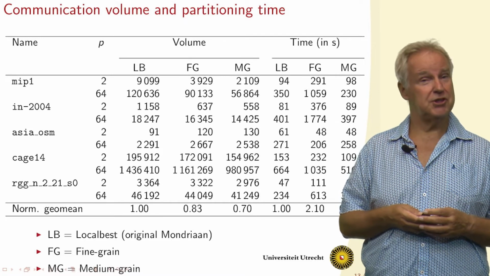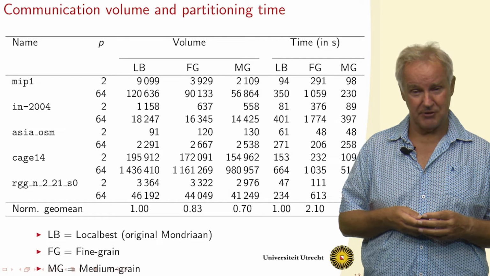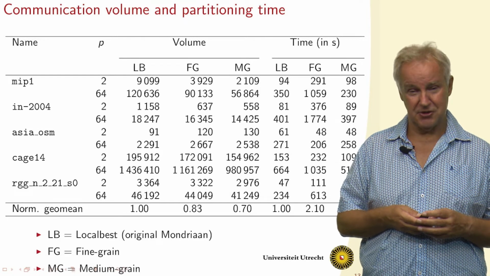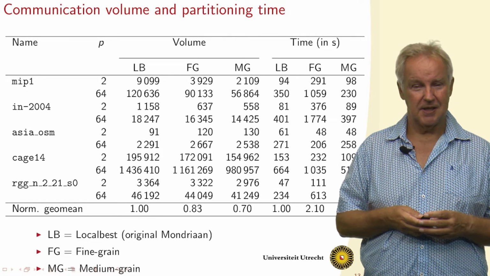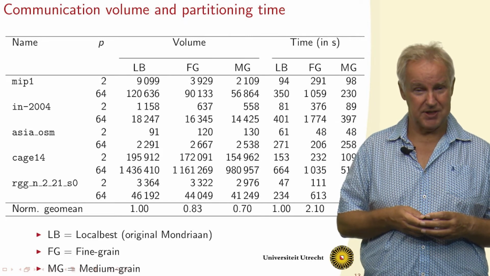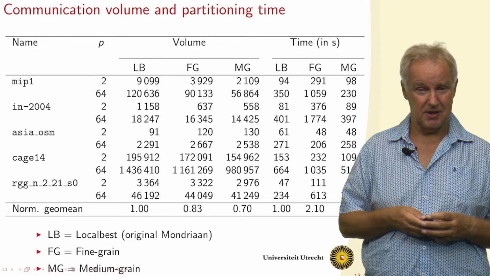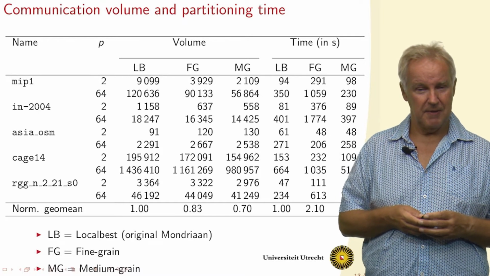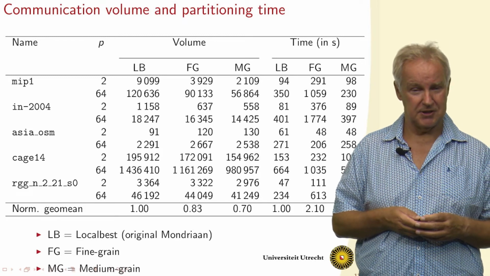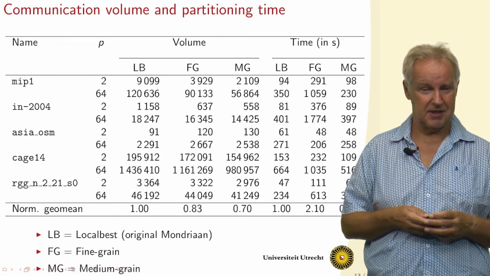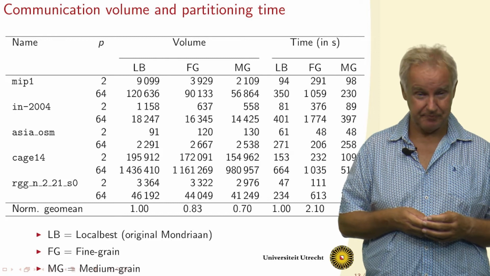And if we use a geometric average, geometric mean, we can summarize all these results. And then we see that the medium grain has 70% of the communication volume of the local best, and fine grain has 83%. So medium grain is really better in this summarizing metric.